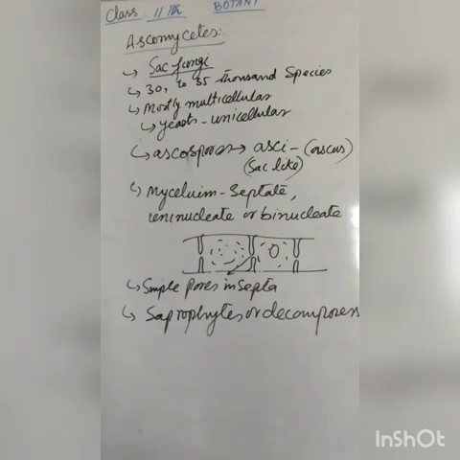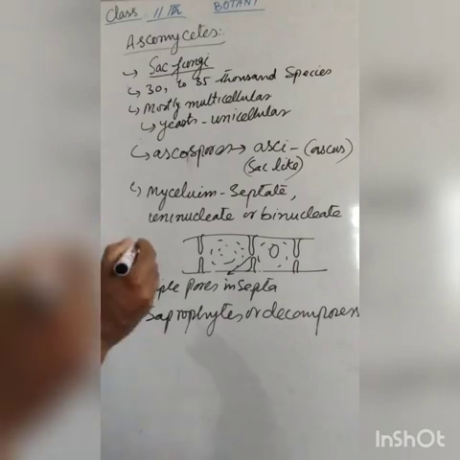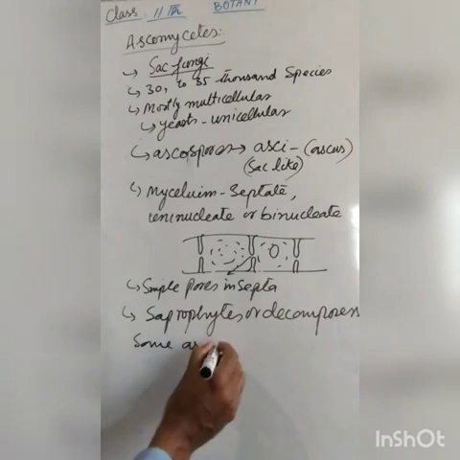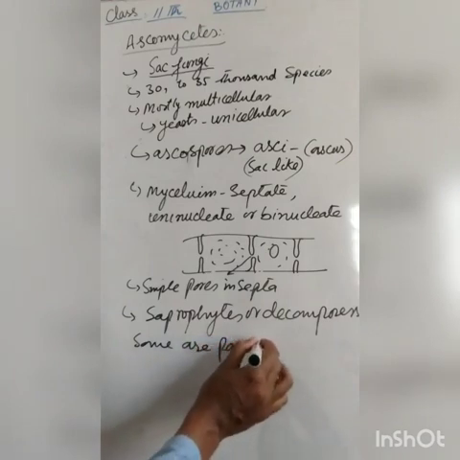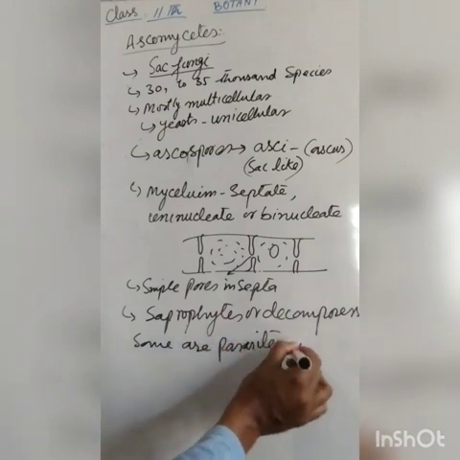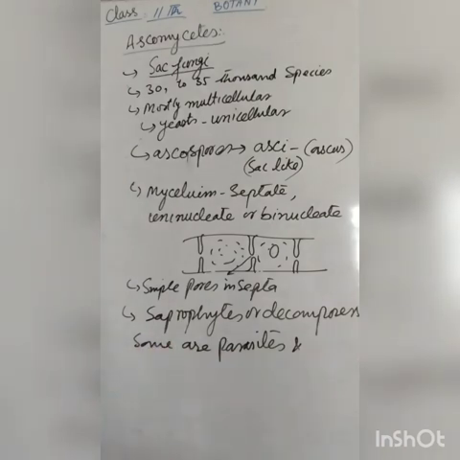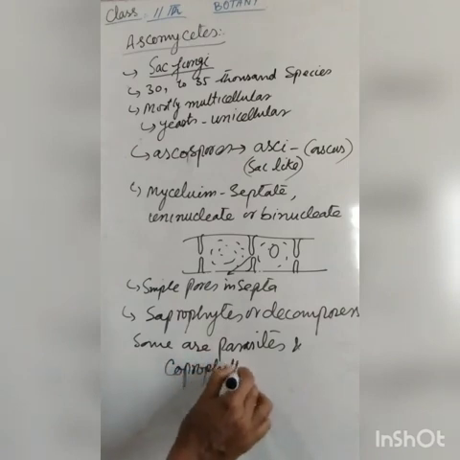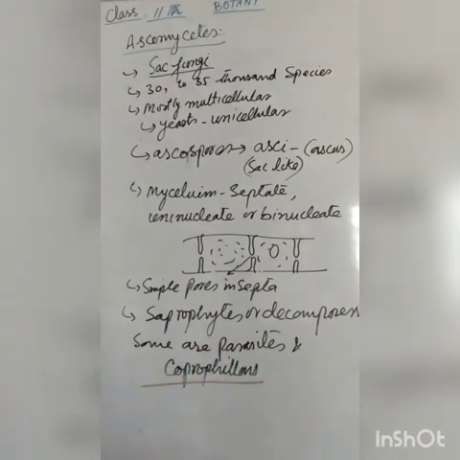Some are parasites and some are coprophilous. Coprophilous means they grow on cow dung or horse dung.